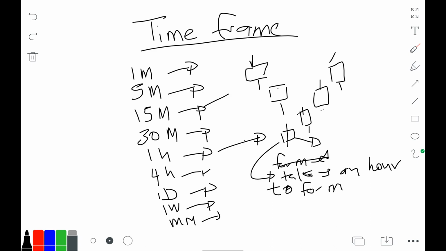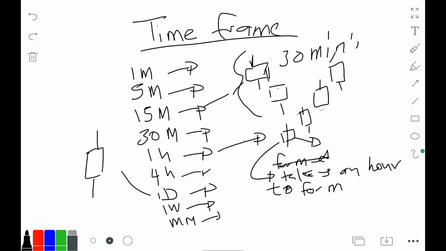For this candle to be formed, it takes 15 minutes each, which means for 2 candles to be formed, it takes them 30 minutes. Now if you go to 1 day, you will find a candle like that also. So this represents that in 1 day, this candle takes 1 day to be formed.